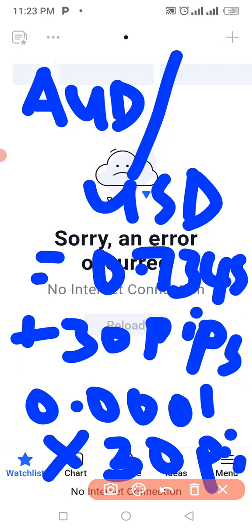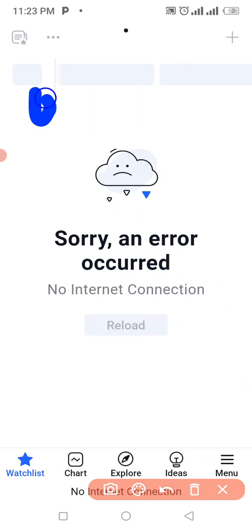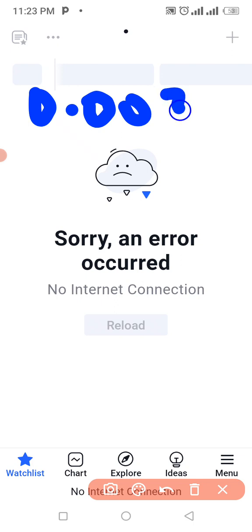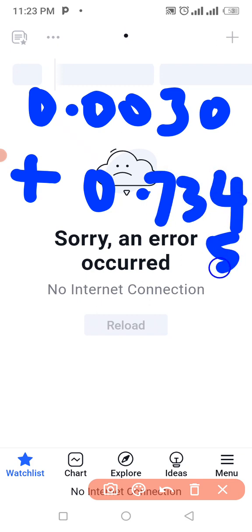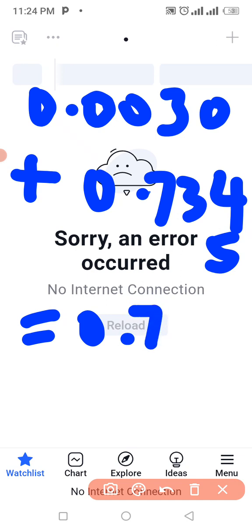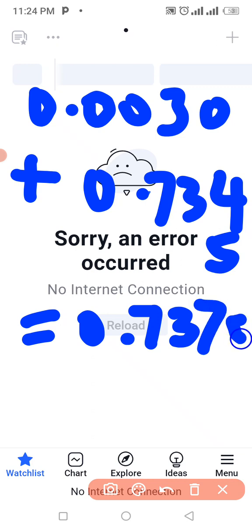When we do this, we have 0.0030. Whatever we have now, we add it to the current price, 0.7345, and we'll have 0.7375 as our current price. So we add 30 pips to the current price.